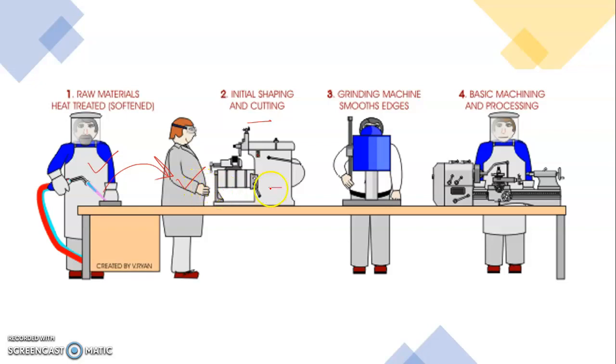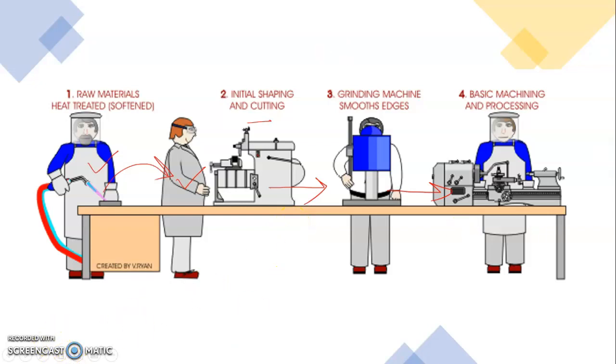Next is a grinding machine to smooth the edges, and the last process is basic machining and processing. So basically we need one worker for each process. That is what we call batch process.